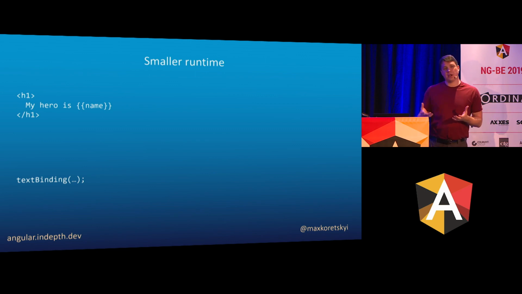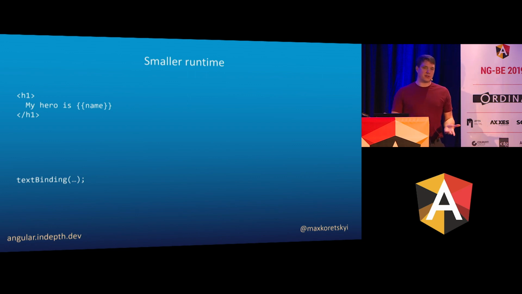So there is no need to bundle the code or body for the ngStyle function, right? It will never be used at runtime. So here, for example, because you have only one expression, there is a need to include only the code for text binding in the bundle and load it to the web.